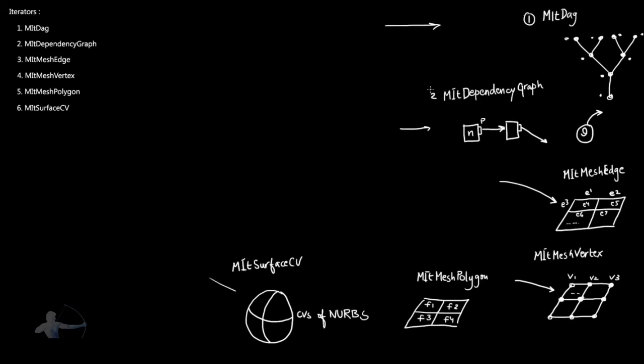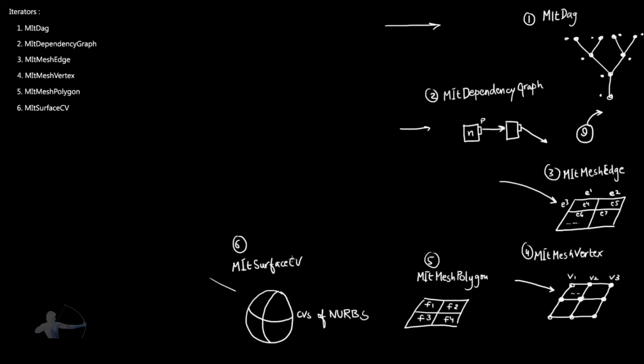So these are some of the basic iterators provided with OpenMaya. There are a number of more iterators, and there is one more very important iterator which is called MIT Geo, which is a geometry iterator, and we will discuss that iterator in the tutorial of deformers.